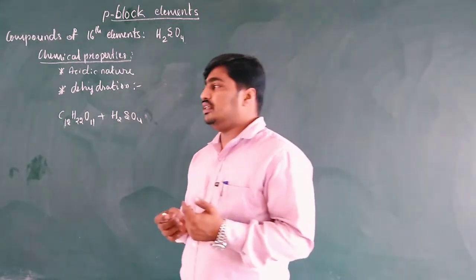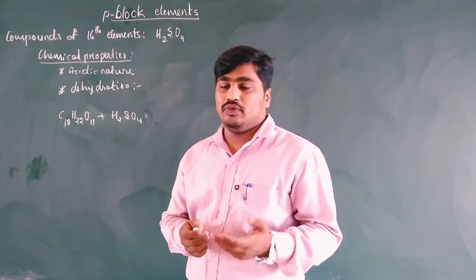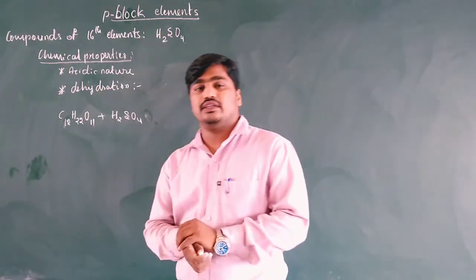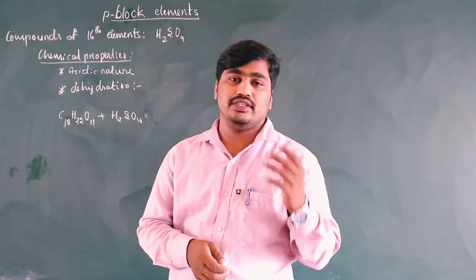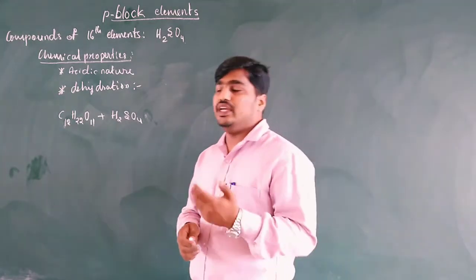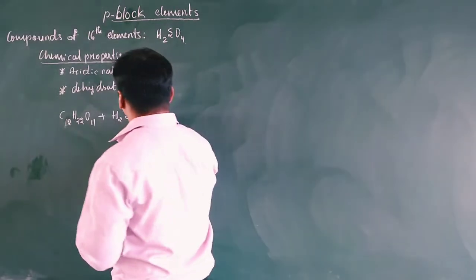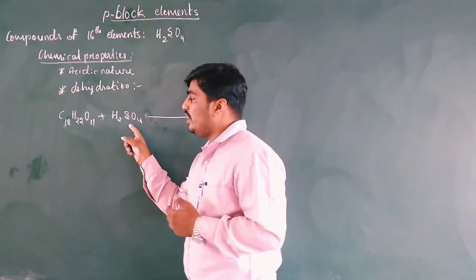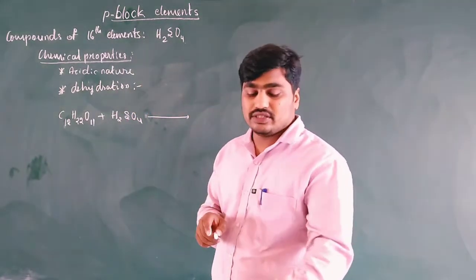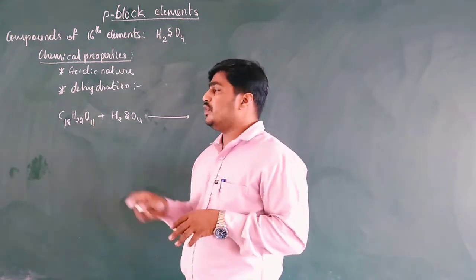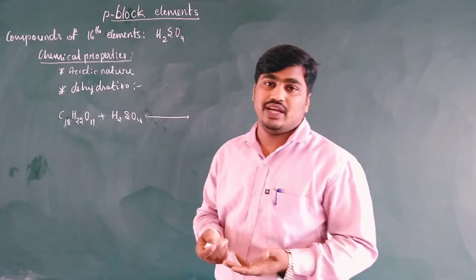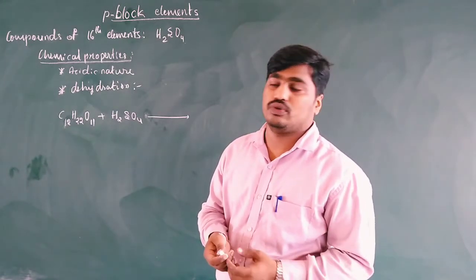So whenever carbohydrates are made to react with sulfuric acid, sulfuric acid shows a good dehydrating property here. Because of this good dehydrating property, sulfuric acid consumes all the water molecules present in the sucrose, so charring of sucrose takes place.